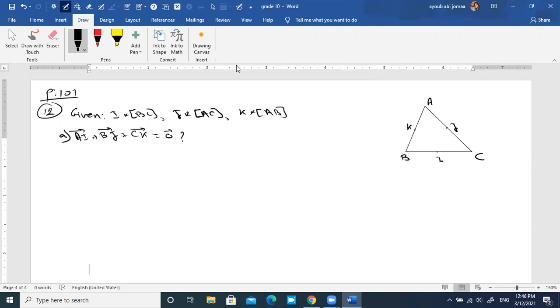AB plus AC is equal to 2AI. Very good. So AI is equal to half AB plus half AC. Very nice.